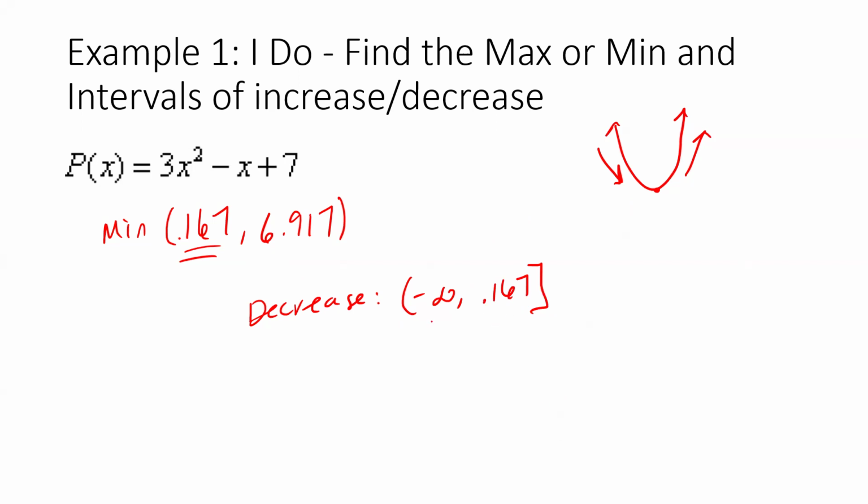Numbers are brackets, infinities are parentheses. Okay, then when do we start increasing? We start increasing at 0.167 and we go on to positive infinity. So we identified our minimum. We identified our intervals of increase and decrease.